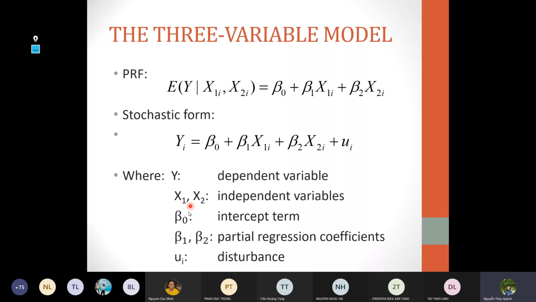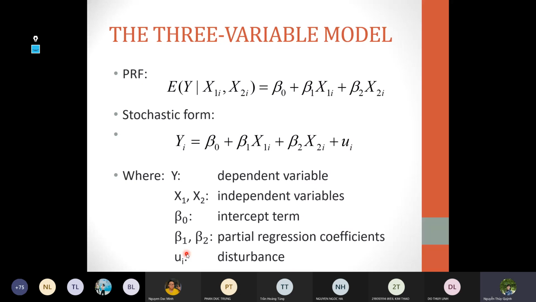We have the coefficients beta 0, beta 1, and beta 2, with beta 0 the intercept, or the constant, and beta 1 and beta 2 the two regression coefficients. We call them partial regression coefficients because each shows the partial effect of an independent variable on the dependent variable. And ui is the disturbance of the model.